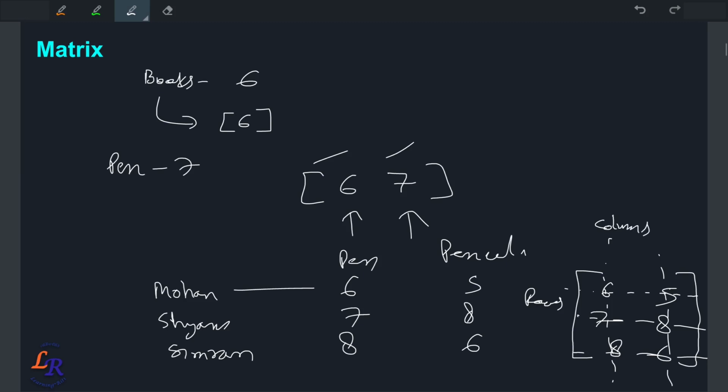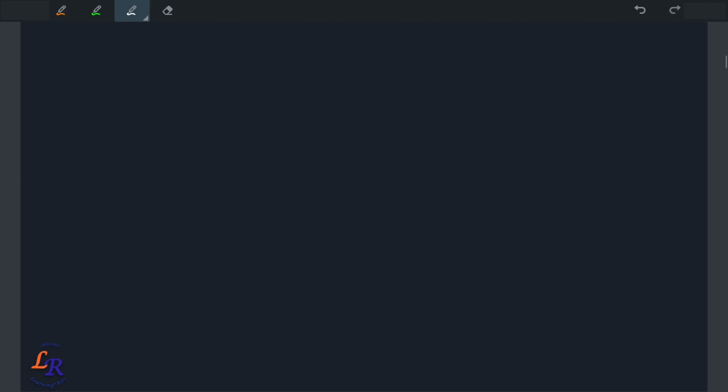Now here you can see that the row represents the names of your friends, and the column represents the items, the amount of items they have. Then we can easily construct this kind of array, and it will have all the information if you know what rows and columns represent.